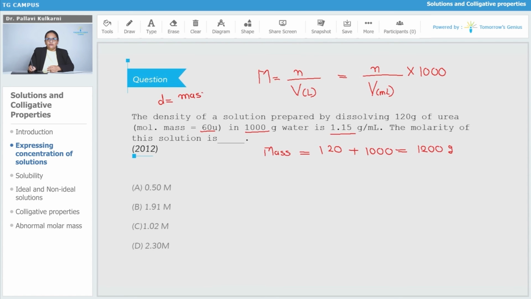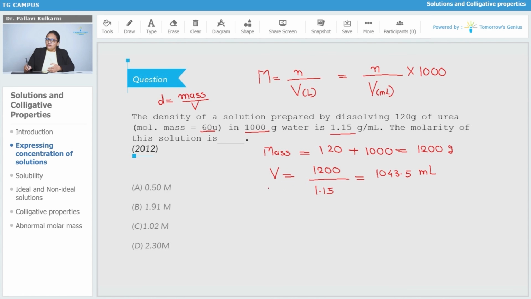Therefore volume will be equal to mass upon density. Volume will be equal to mass 1200 divided by density 1.15 gram per mL, which is around 1043.5 mL. So the volume of this solution is 1043.5 mL.